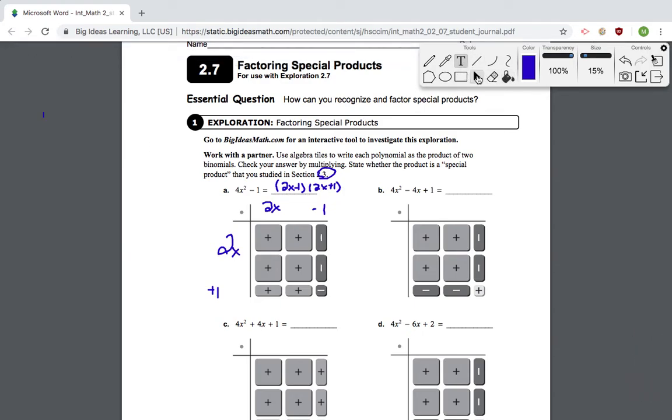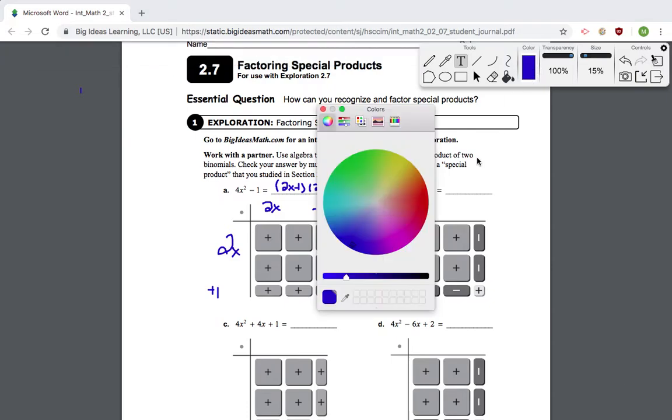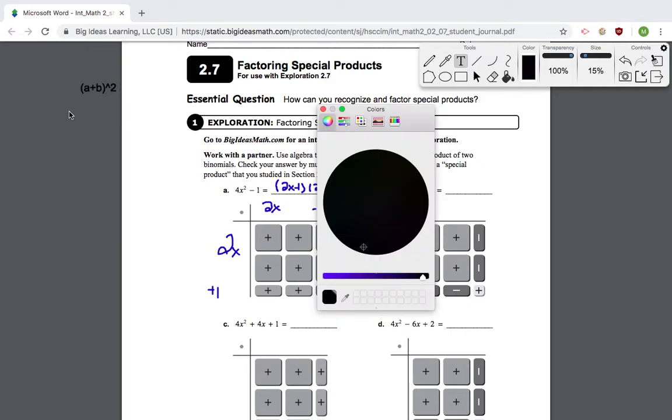They were a plus b squared, a minus b squared, and then a plus b times a minus b.